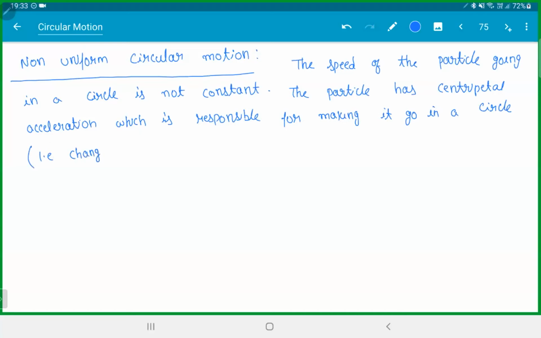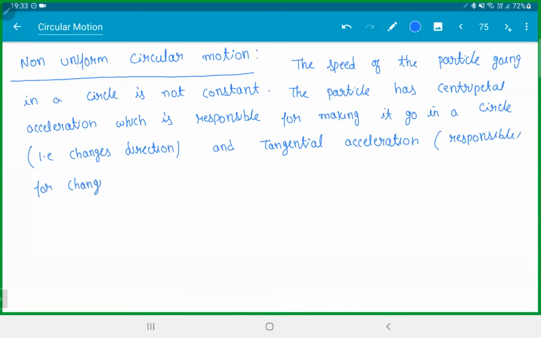The centripetal acceleration changes direction. Now we have a second acceleration called tangential acceleration, which is responsible for changing speed. So the only new thing is you have an additional acceleration now.